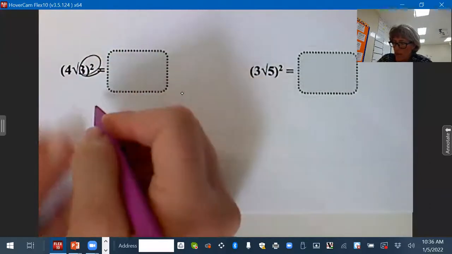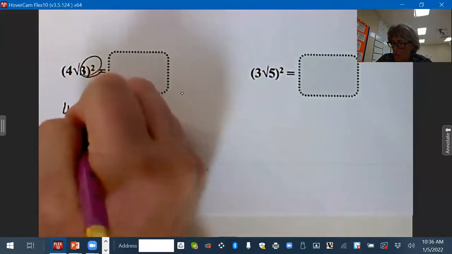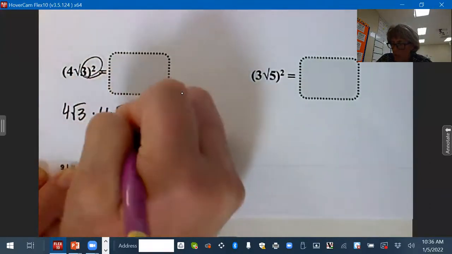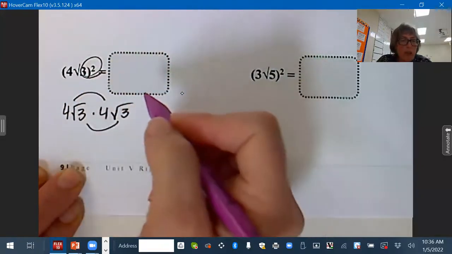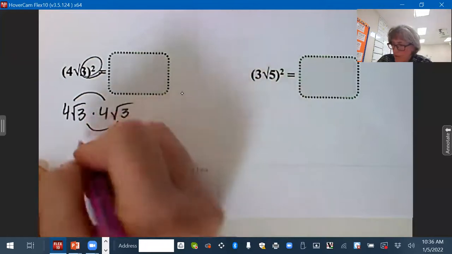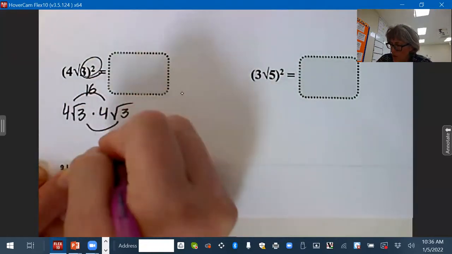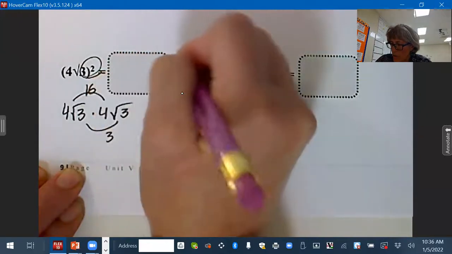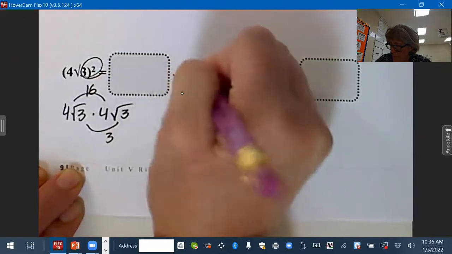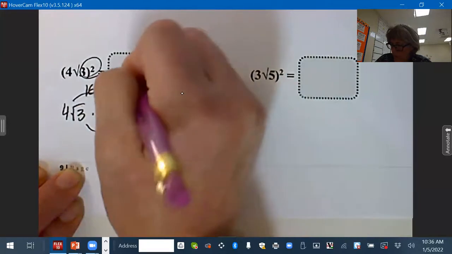Exponent, expand. So 4 root 3 squared looks like this. Outies, innies. That's 16. That's 3. 16 times 3, 48.